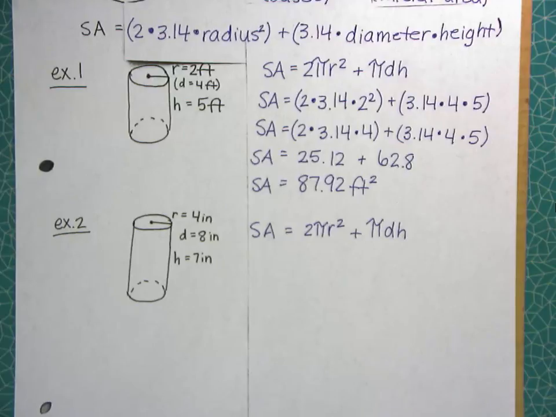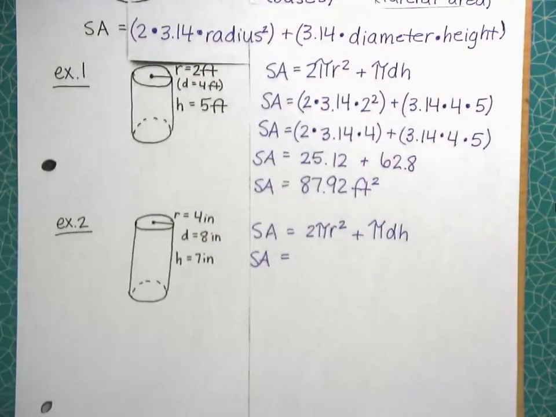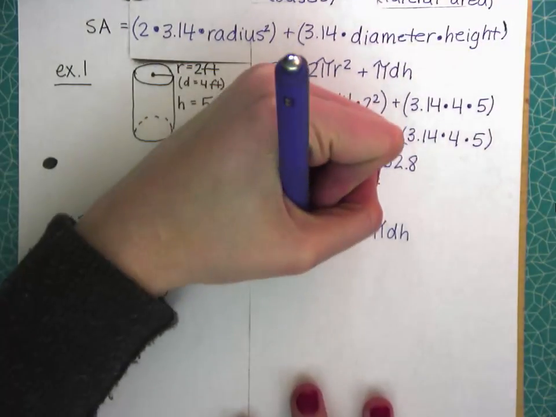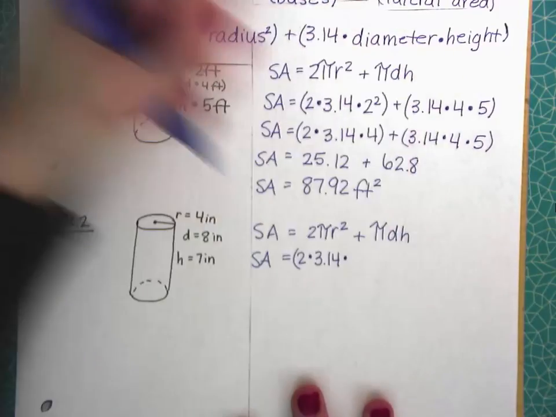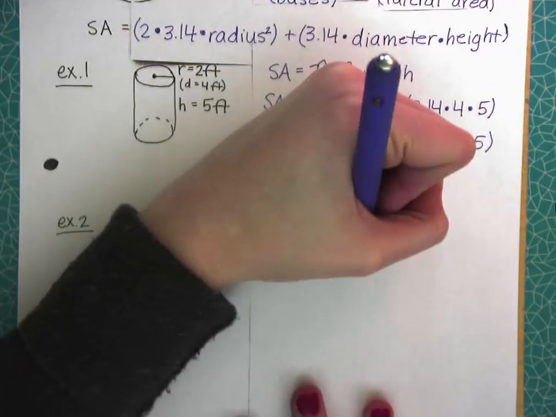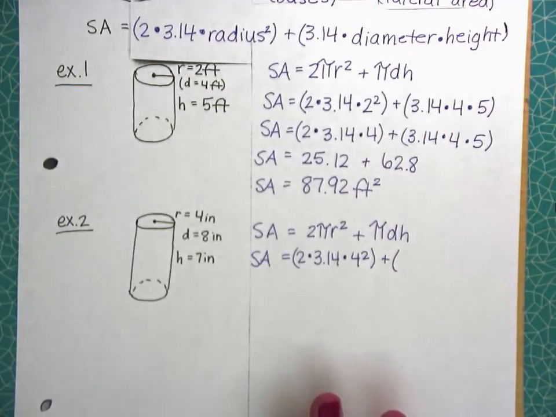All right. Well, step 2. Plug in all the numbers. So the first half of my formula, once I plug all of my numbers in, what's it going to say, Kylie? And then the second half, when I plug everything in, it's going to say what?